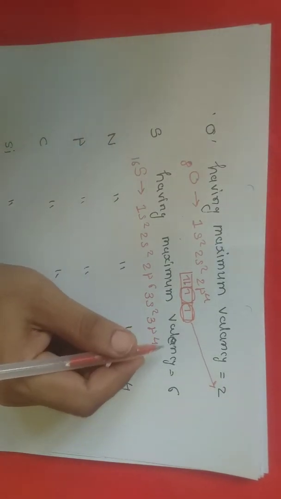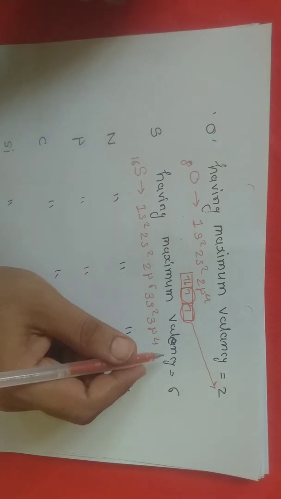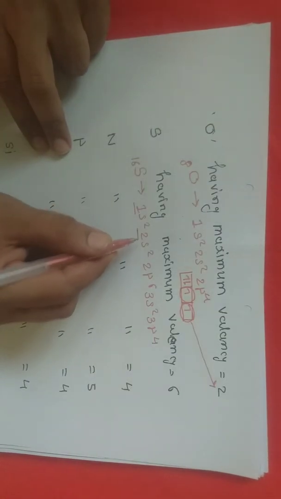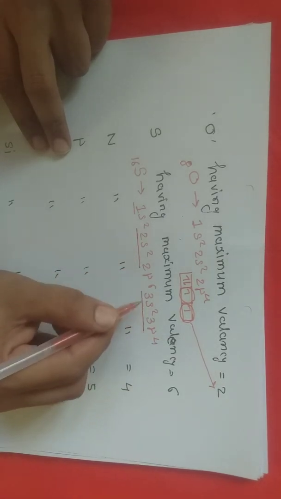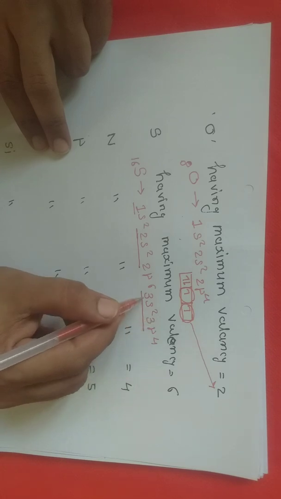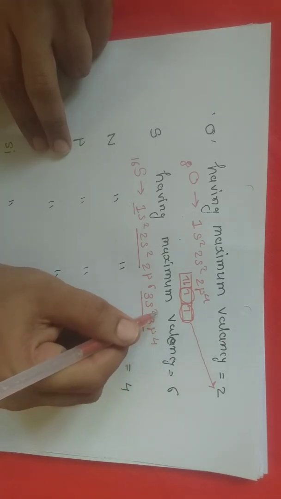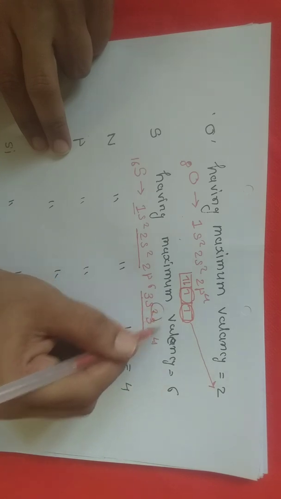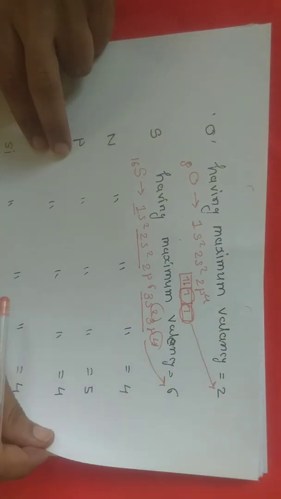Now valency always depends on the valence orbital. Here this is the first energy level, this is the second, and this is the third energy level. Its outermost orbit is the third energy level, and there are a total of 6 electrons there, 2 plus 4, 6. That's why its maximum valency is 6.